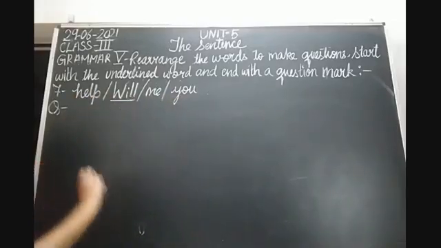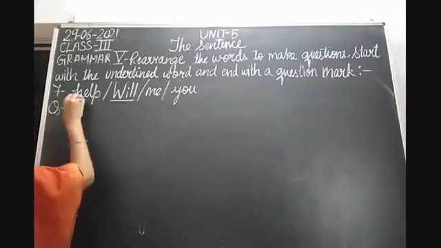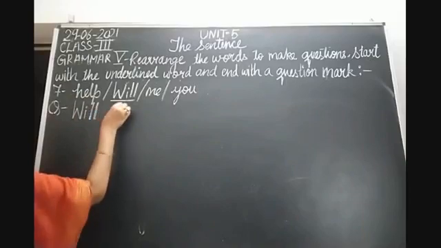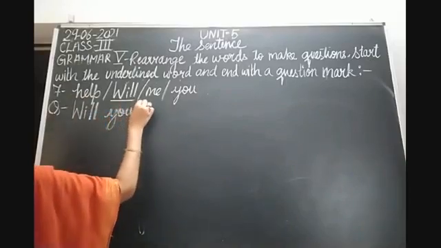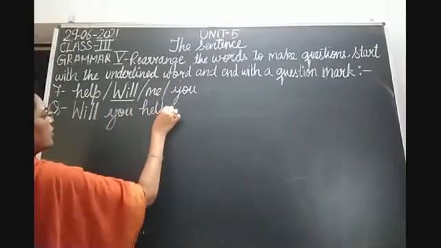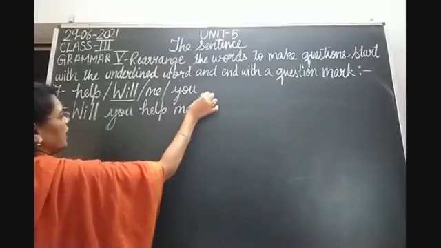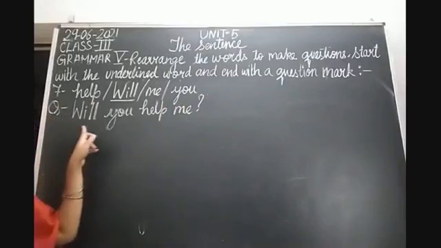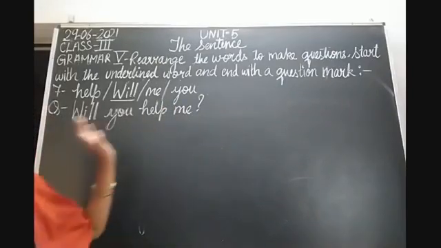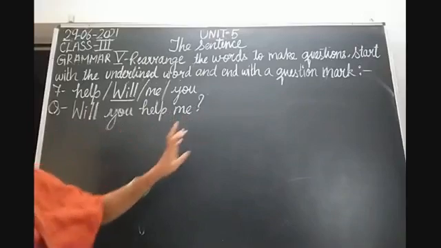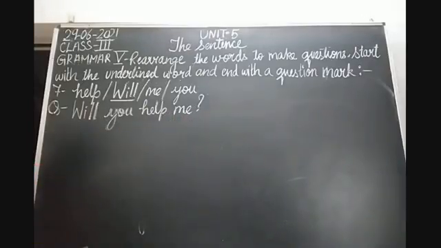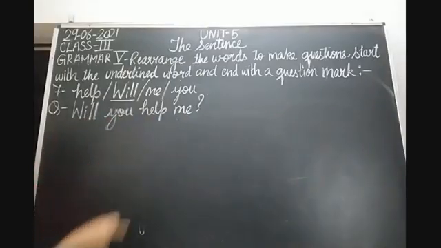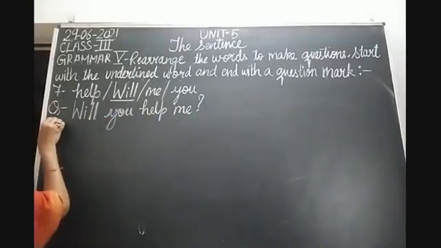So how many words should come in our question? 4. So our question will be, will you help me? And at the end a question mark. What is our question? Will you help me? And what came at the end? Question mark. Then there were 4 words, count 1, 2, 3, 4. Always count. As many as there should be above, the same number below.